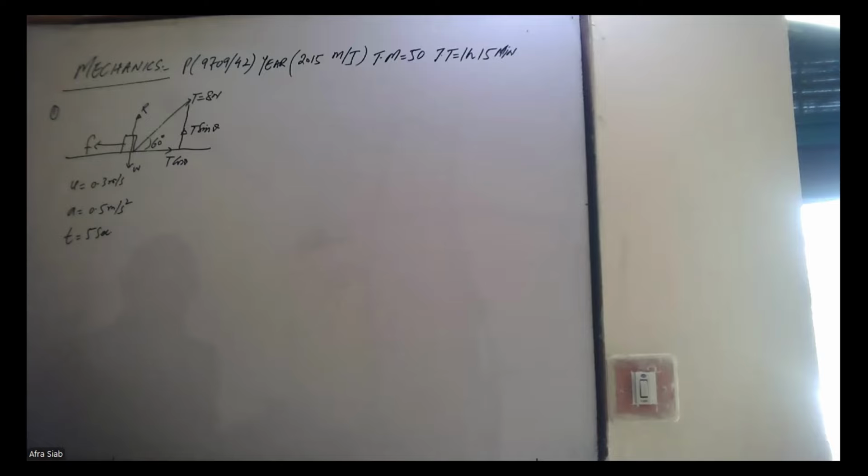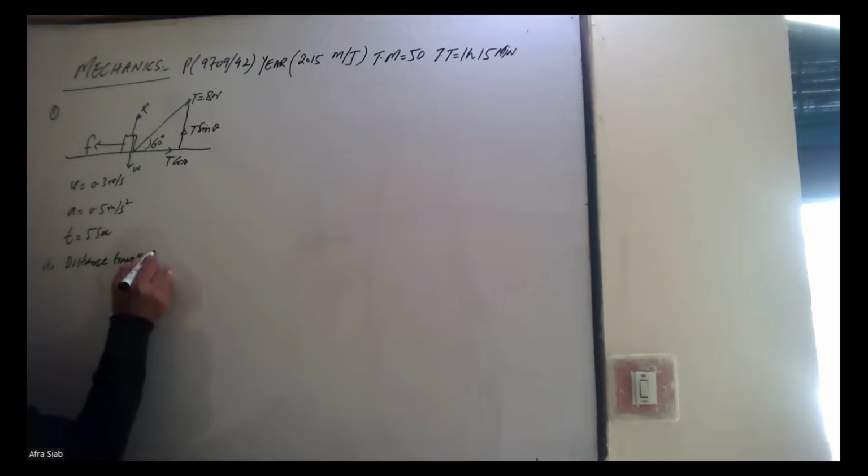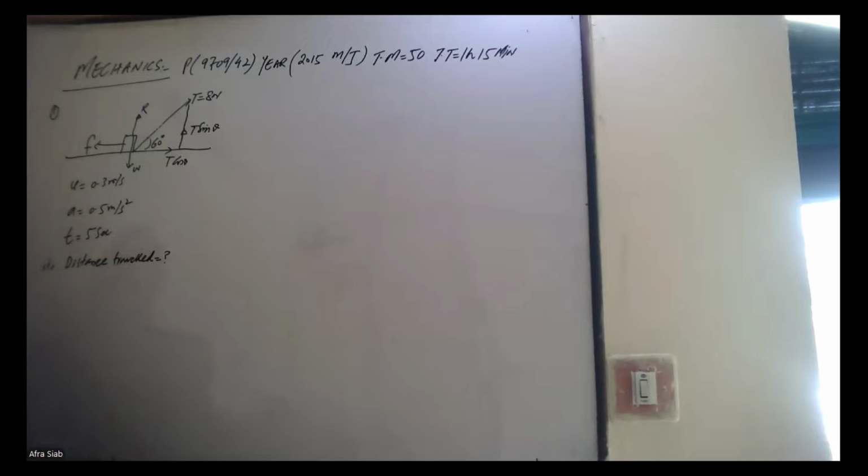We are going to calculate the total distance traveled. We have this formula, S is equal to ut plus half at square, because it is on the horizontal surface. So we are going to use the acceleration.